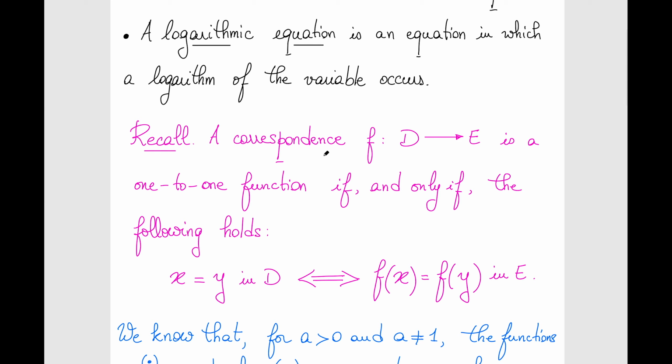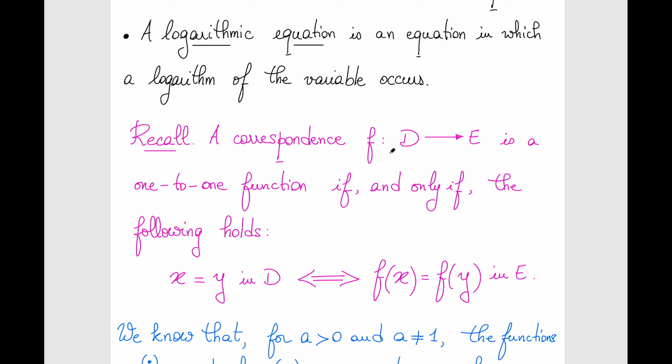A correspondence or a relation or a rule f that takes input from D and outputs things in E, right? D is referred to as the domain of the function, and E is the codomain or the target set.